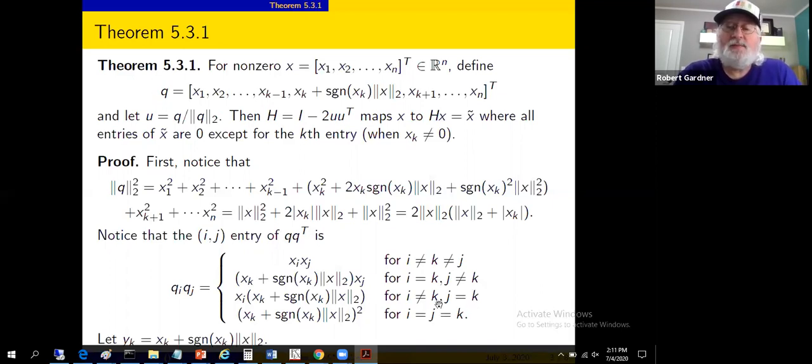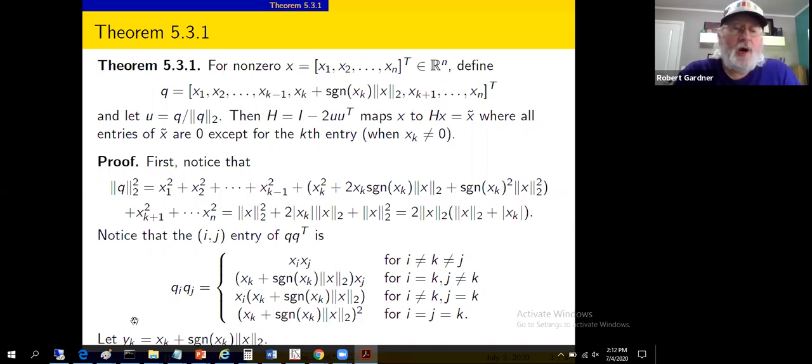Interchange that: suppose j equals k and i doesn't. Okay, we get the x sub i here, and q sub k is this involved quantity. If i and j are both k, then we get 2 copies of this thing here. So q sub k would be this product, that quantity squared.